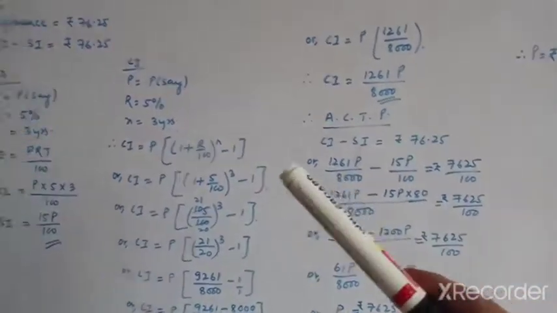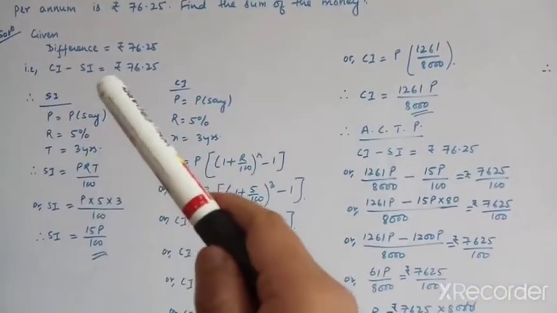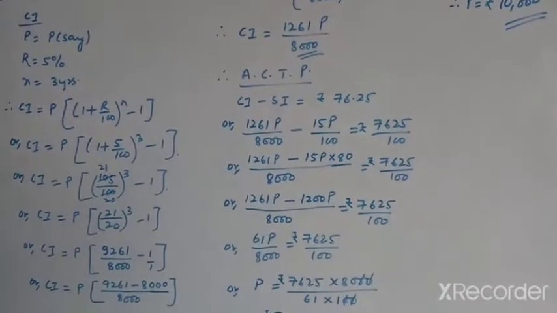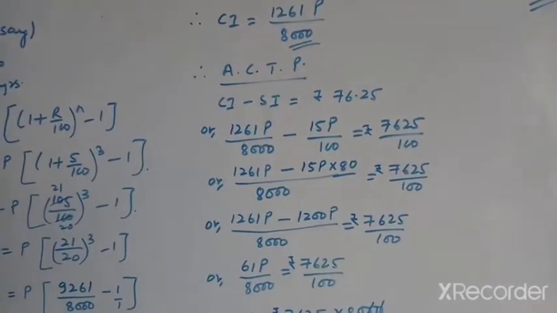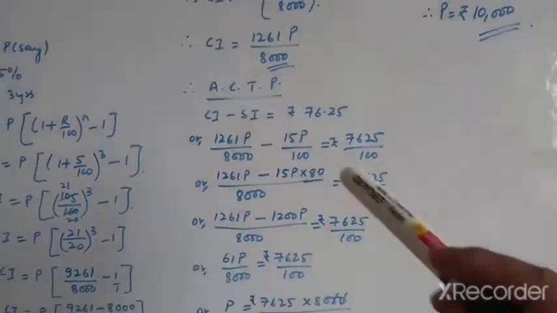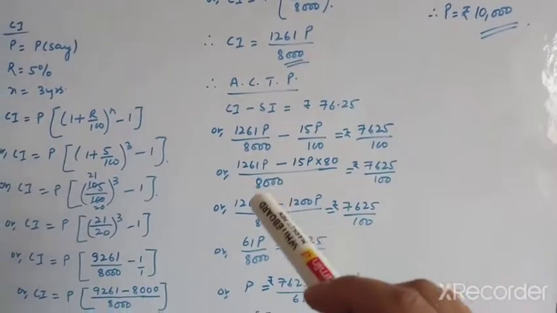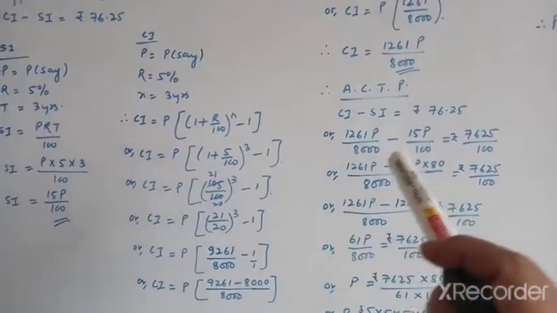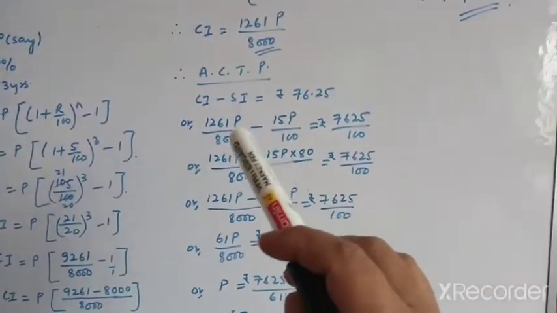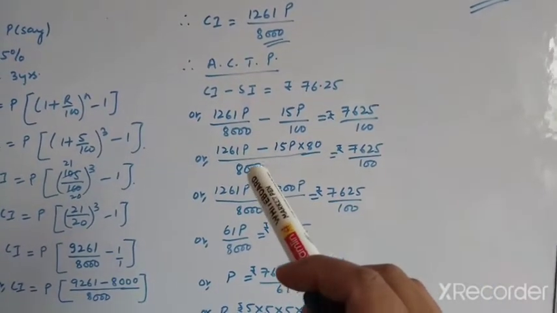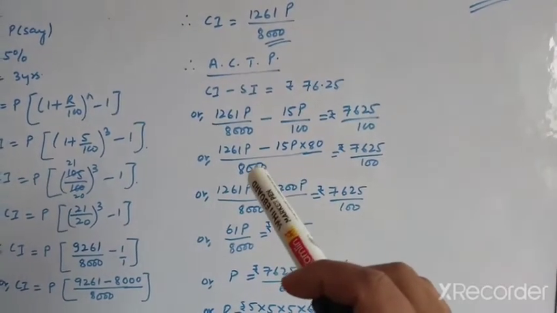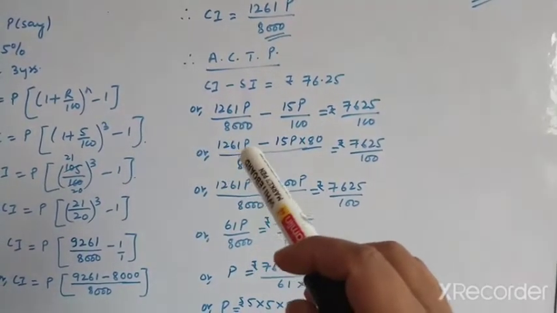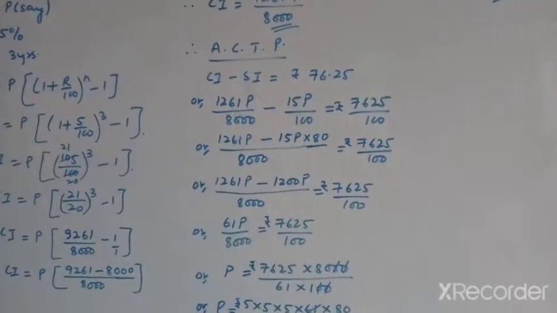Now according to the question, the difference between compound interest and simple interest is given as 76.25. Now compound interest is 1261P by 8000, and simple interest is 15P by 100. So its LCM will be 8000. 8000 divided by 8000 is 1, then 1 into 1261P will remain as it is.